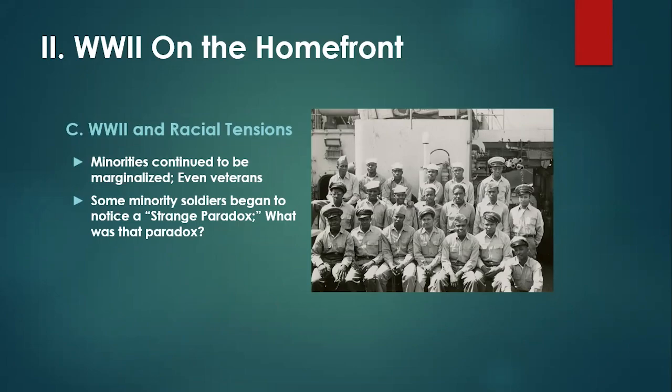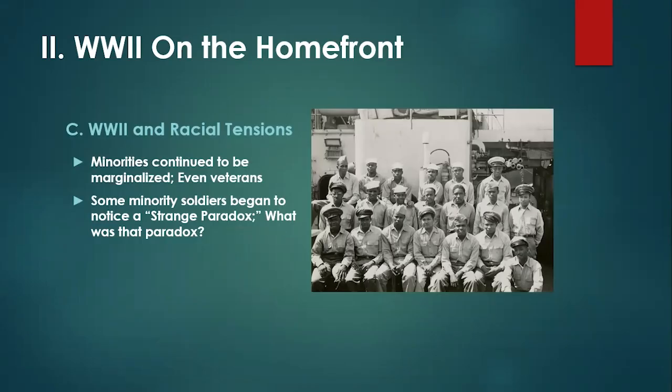Something else we need to be aware of, however, is while there was great progress being made in terms of minority inclusion in war industry jobs as a result of Executive Order 8802, there was still a great deal of racial tension and discrimination, both within the service and just in mainstream American society. Several minorities realized, for example, that they really struggled to get the things that were promised to them under the GI Bill.